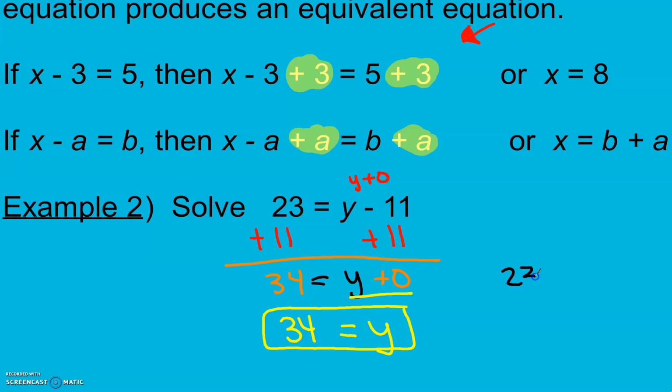I have 23 equals, I see a y, so I plug in my y value. Then I check, are these the same? 34 minus 11 is 23. So I get 23 equals 23. It checks. We are right.